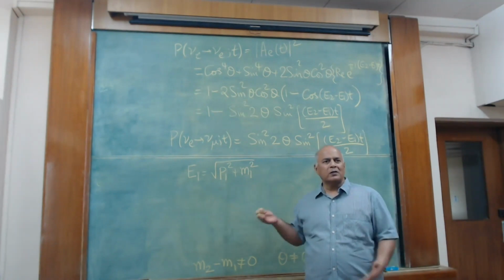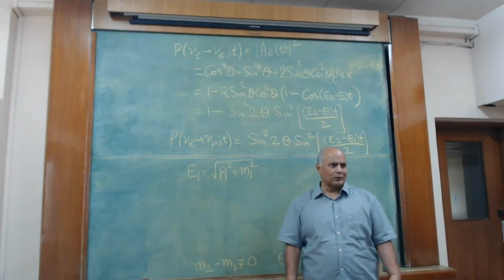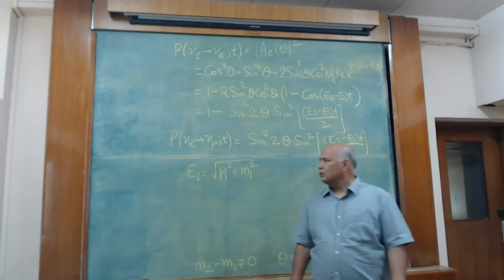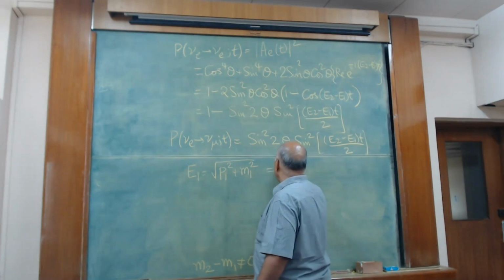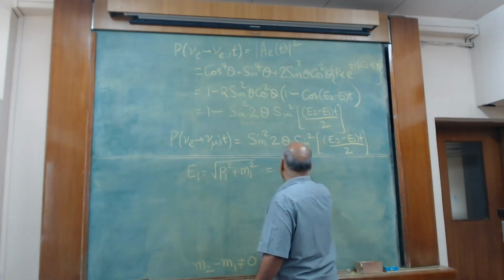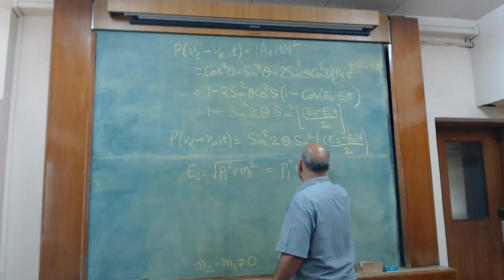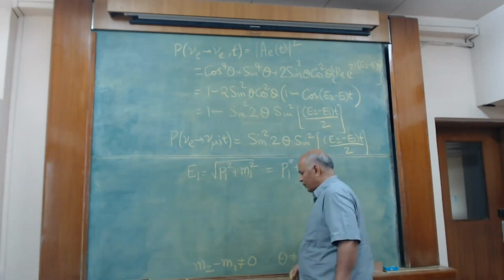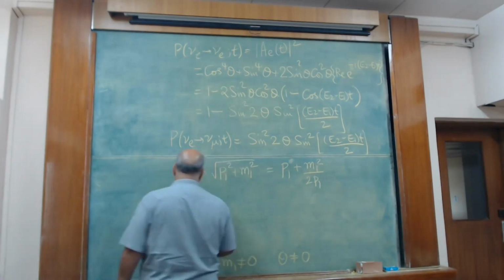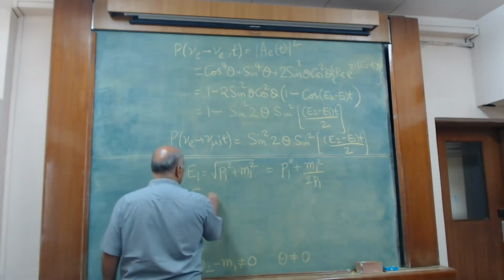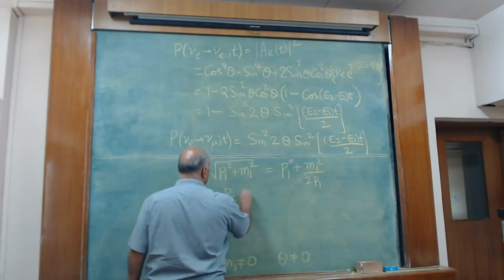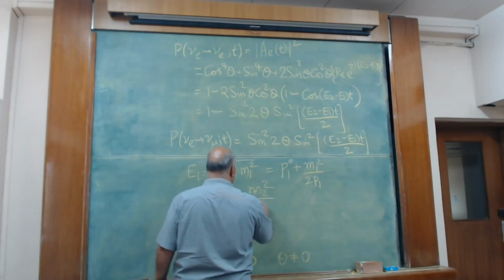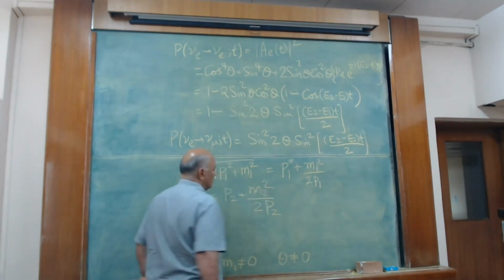Whereas neutrino masses are electron volts, so they are ultra relativistic. So I take P out, so this is P1 plus M1 square by 2P1, and similarly E2 is P2 plus M2 square by 2P.